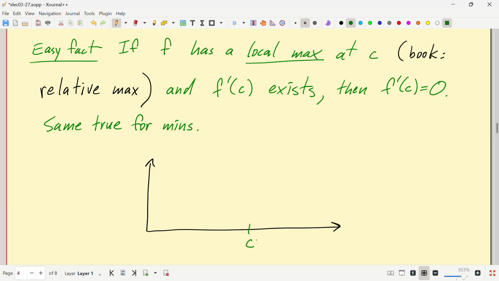And a local max just means, let's see, the function might be going kind of weird. Could be bigger over here, but there's an interval like that.